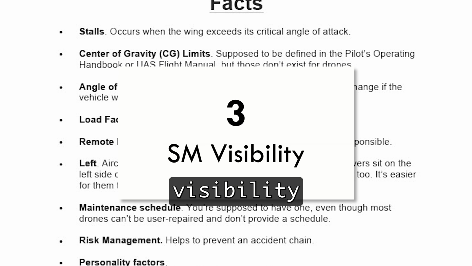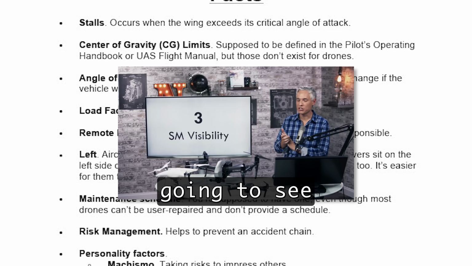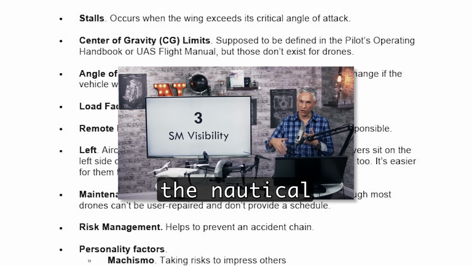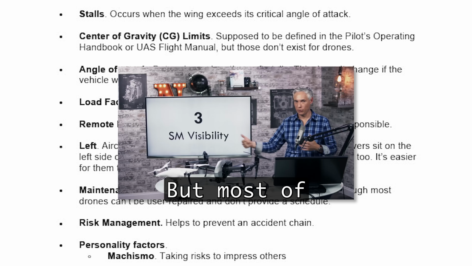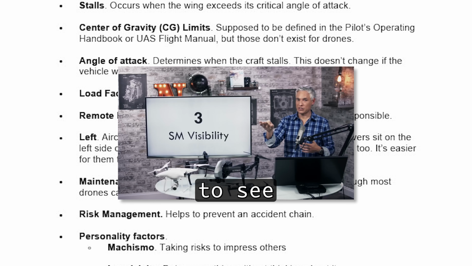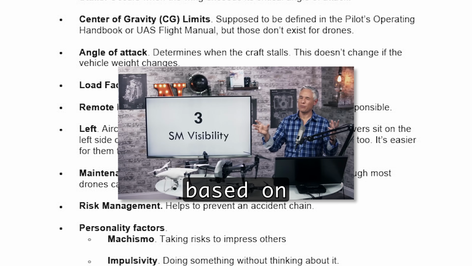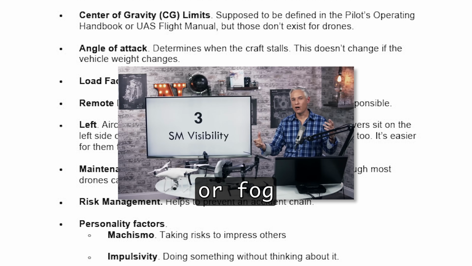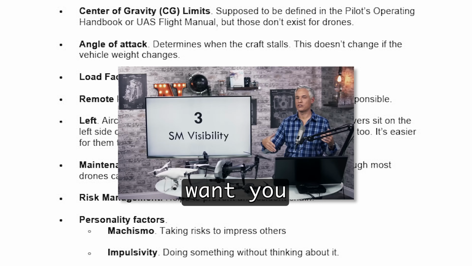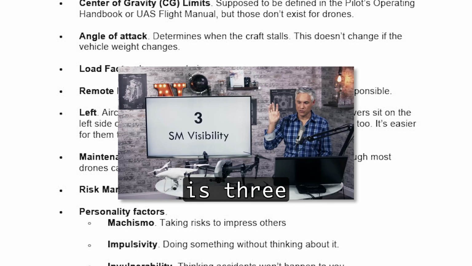3, SM visibility. SM is statute miles. That's how you're usually going to see distance measured in either nautical miles or statute miles, but most of the time it's going to be SM. That's how far you need to be able to see to fly your drone. They kind of measure visibility, based on if there's a lot of haze or fog, your visibility is going to drop down, and they don't want you flying unless the official visibility is 3 miles.